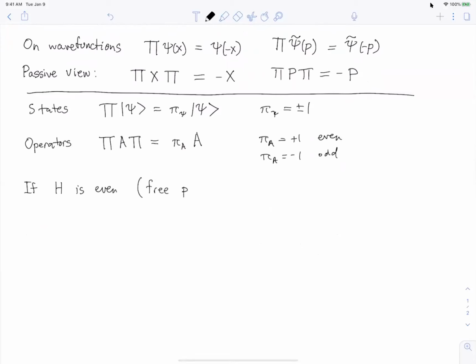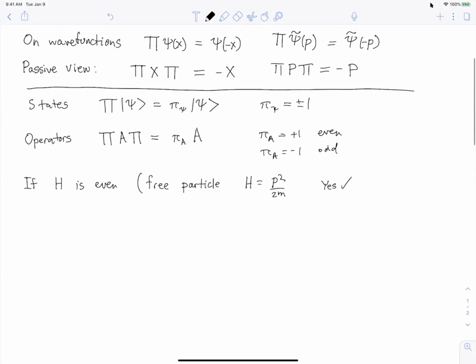The free particle has a Hamiltonian H equals p squared over twice the mass, and that is even, because the p flips sign, but there's a square of it, so it flips sign twice. Okay, a particle in a square well is an even Hamiltonian.